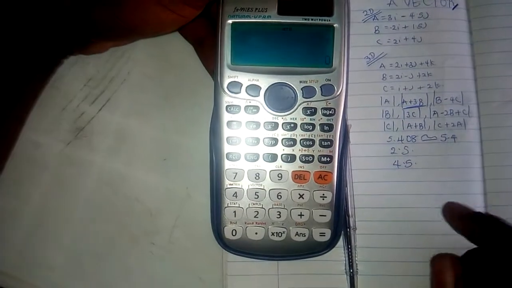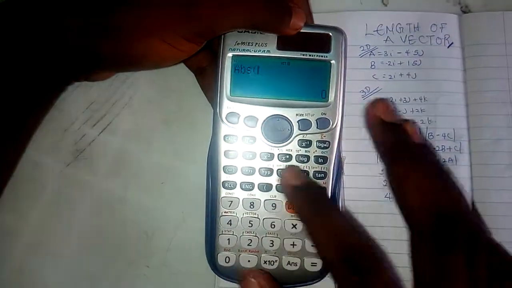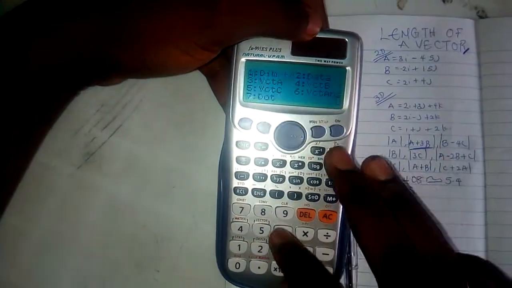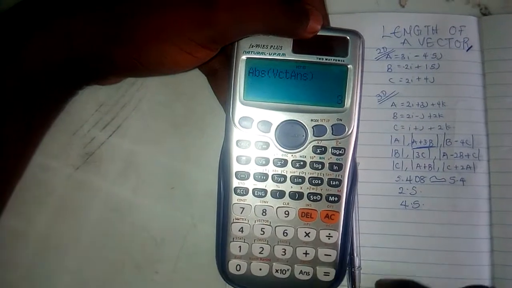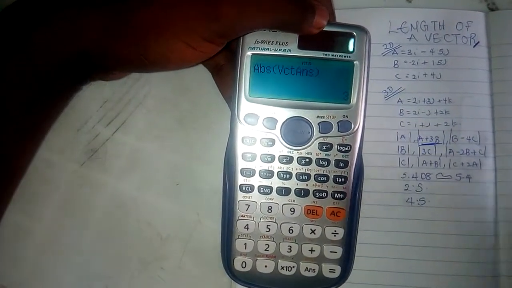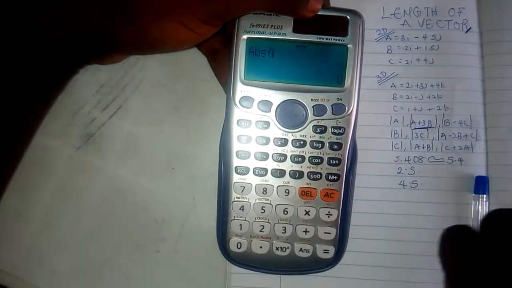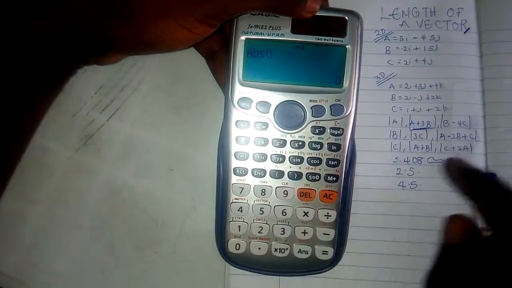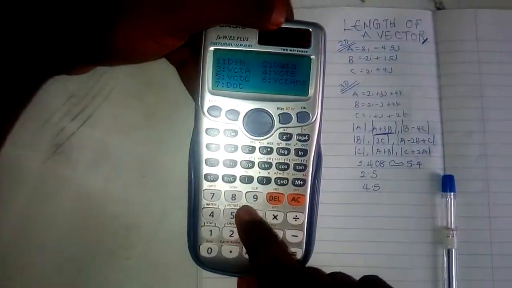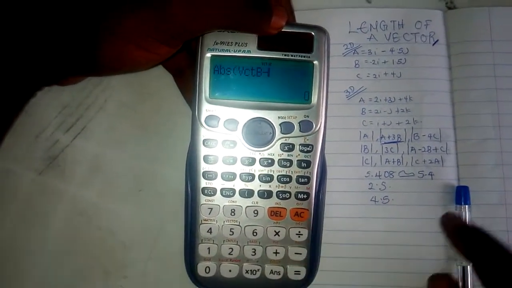So for me to look for the length of A plus 3B, I can just say shift absolute value of my answer 6, close it. I have my answer to myself. That is this. If I want to do B minus 4C, I can just do it directly. Life is not supposed to be hard, guys. So I just say shift vector B, which is 4, minus 4C.